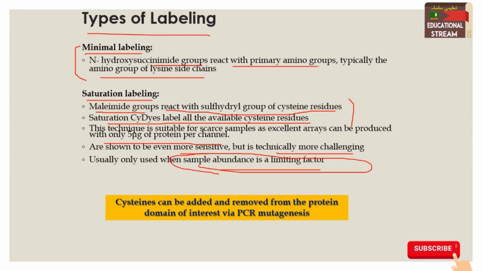Cysteines can be added and removed from the protein domain of interest via PCR mutagenesis, as they are the ones causing the labeling or interaction with the cysteine residues only. Therefore we can make the addition of cysteine by mutagenesis. Mutagenesis means change in the nucleotide sequence or protein sequence.